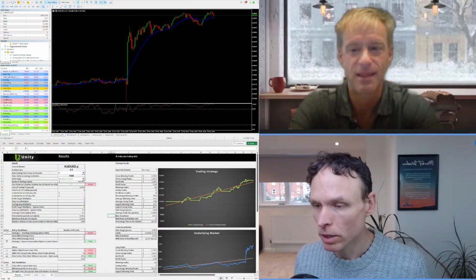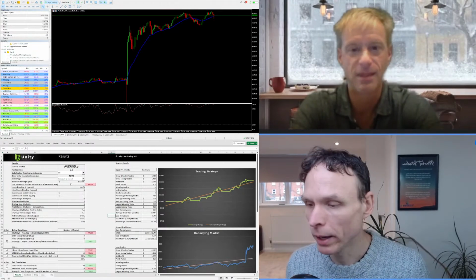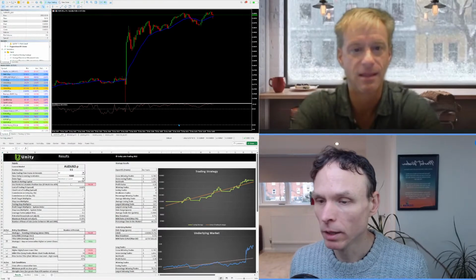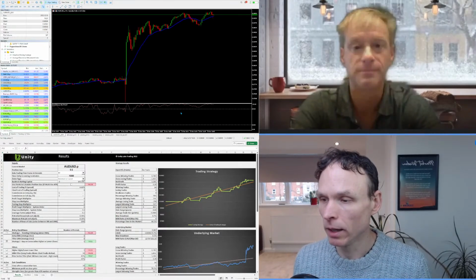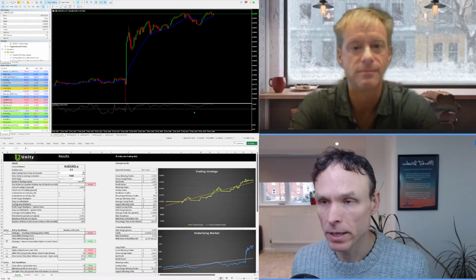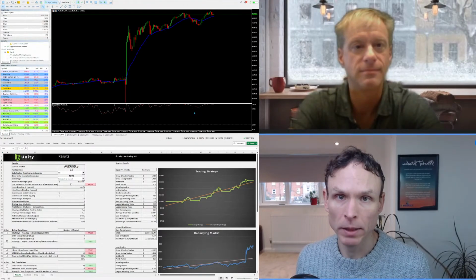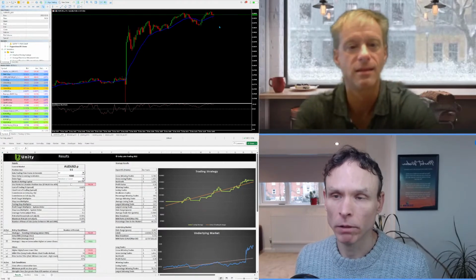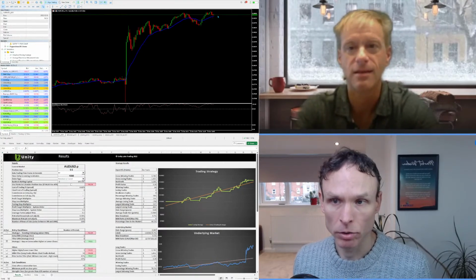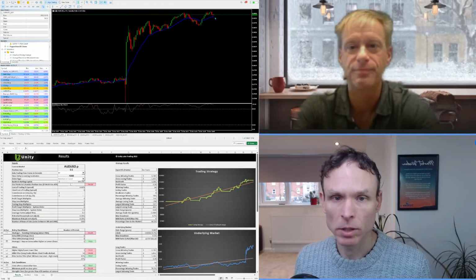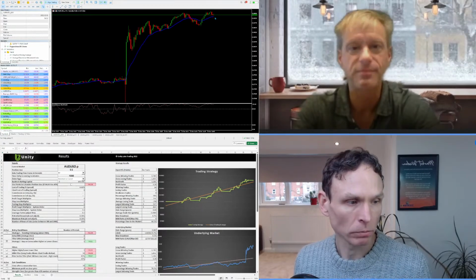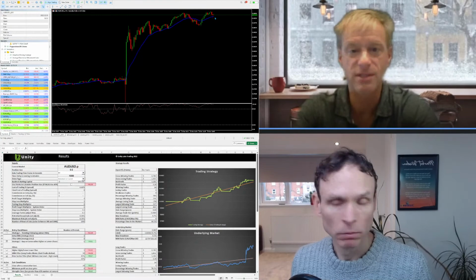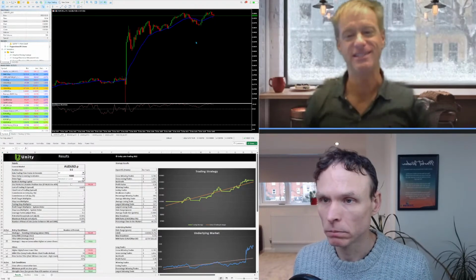There's no mysticism at all about this filter. It is taking 100 bars' worth of data and looking at where we are within that range. When we're very close to the top of that 100-bar range, we will not be taking trades when the filter is selected on. Beautiful, it works like a charm. I like that filter.